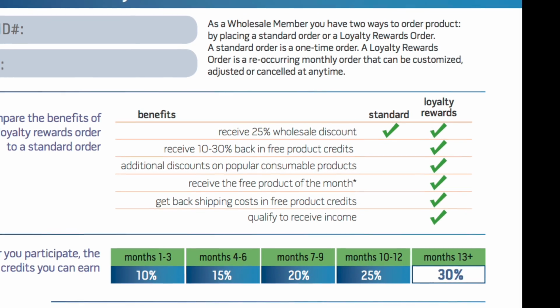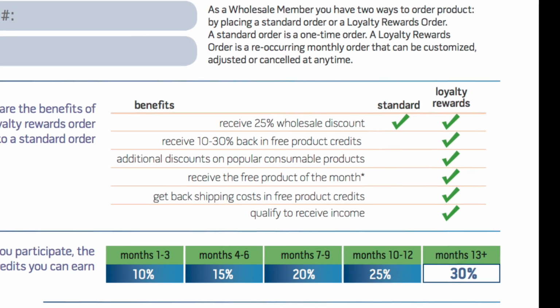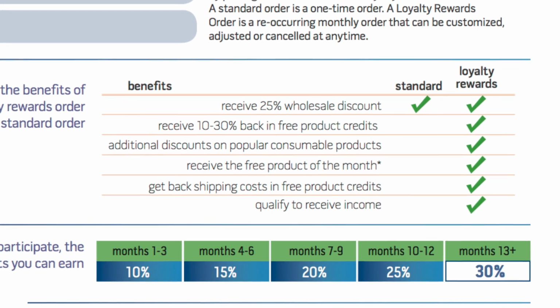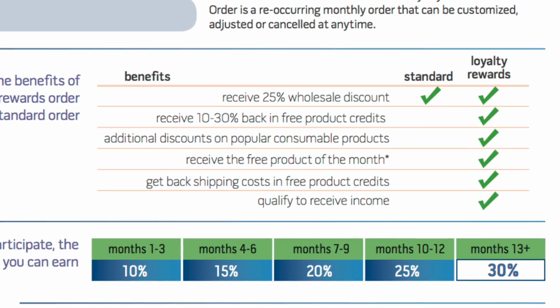So then we'll say, well, look, here are the benefits of doing a loyalty rewards order compared to a standard order. They both get the 25% discount, but with a loyalty rewards order, you get an additional 10 to 30% back in free product credits. You get additional discounts on popular consumable products like Lifelong Vitality, the hair care, all those different things.